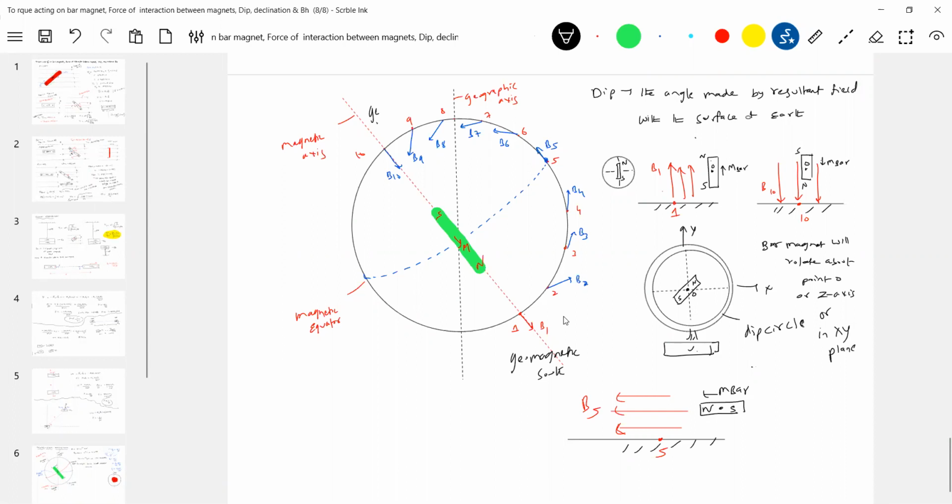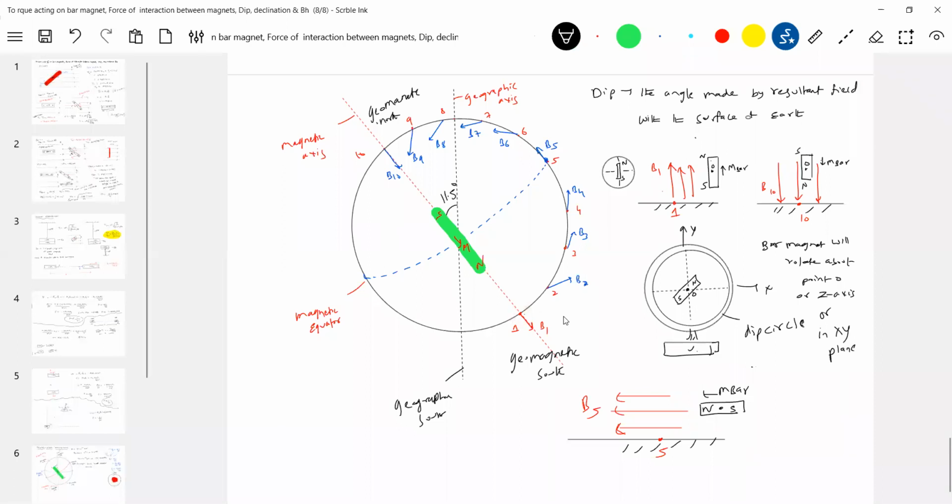Though the south pole of Earth's bar magnet is near the north pole, we are still calling that geomagnetic north here. This is geographic north. Actually, what we should call magnetic north, but still I'm calling it geomagnetic south only. It's a wrong convention.